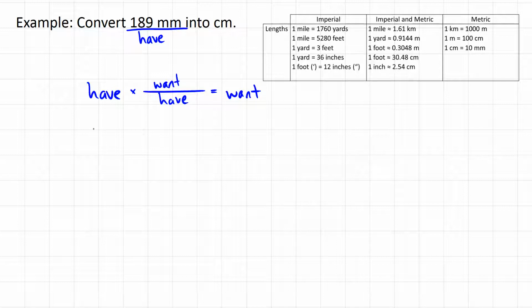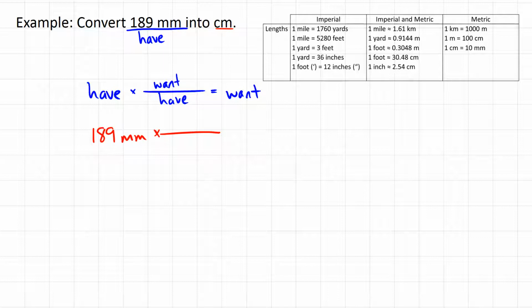What we have is 189 millimeters. Now we're going to multiply by a fraction, and we have to find, using our table, the units that we want and we have. How are those related? So you can see that we want to get to centimeters. So that's the end goal. And we're starting with millimeters.